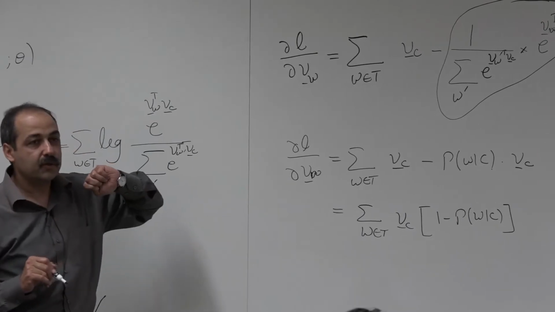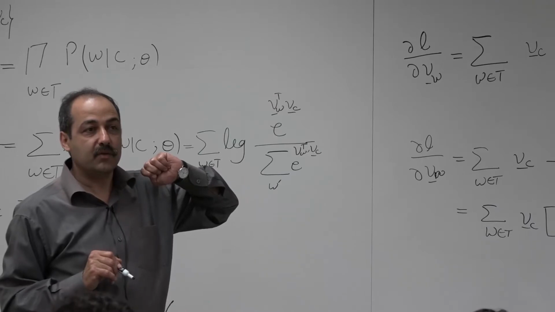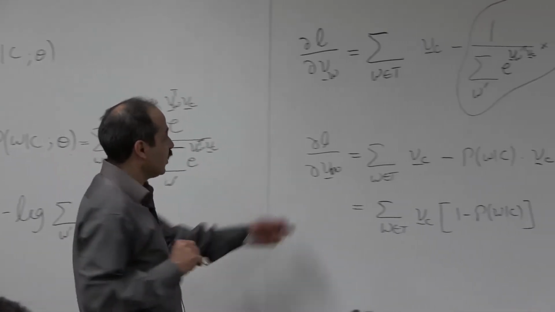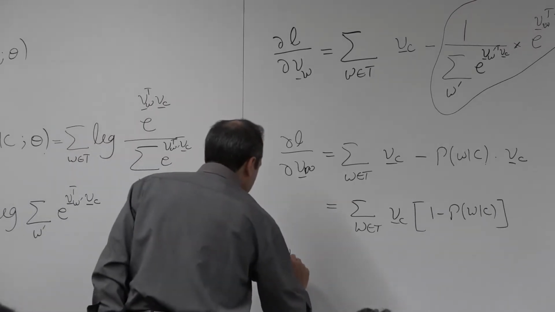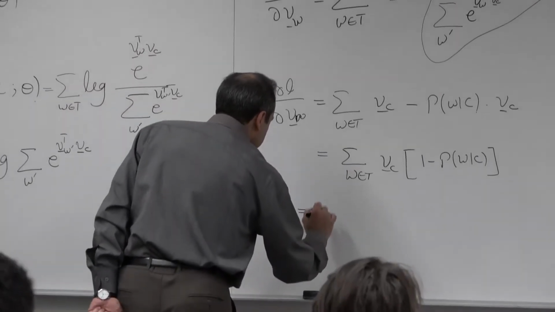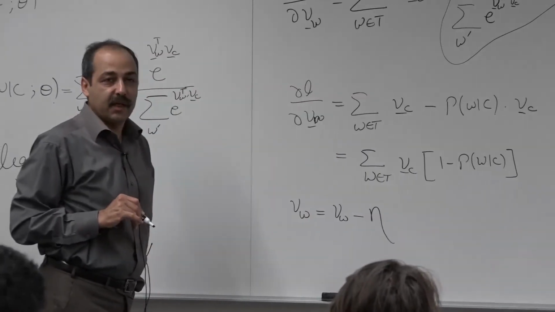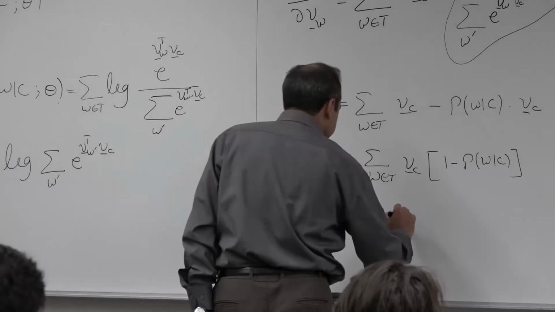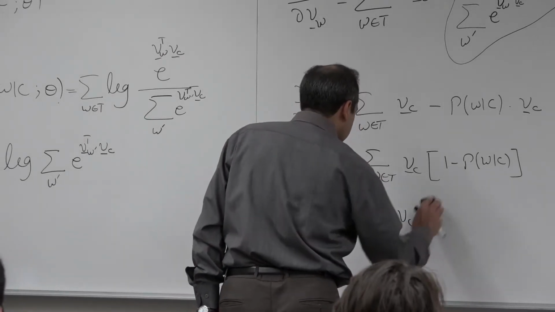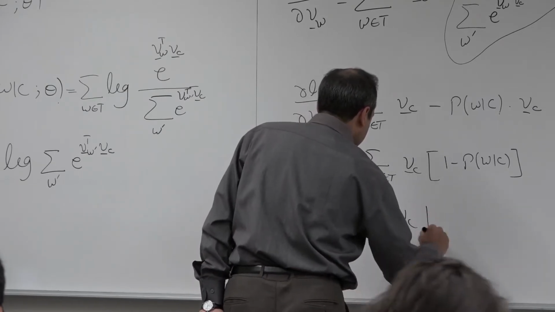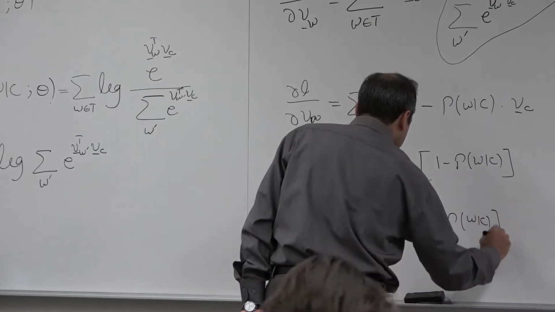Now if I want to do gradient descent, I can initialize Vw and then set Vw new as Vw old minus some learning rate times Vc times 1 minus P(W|C).